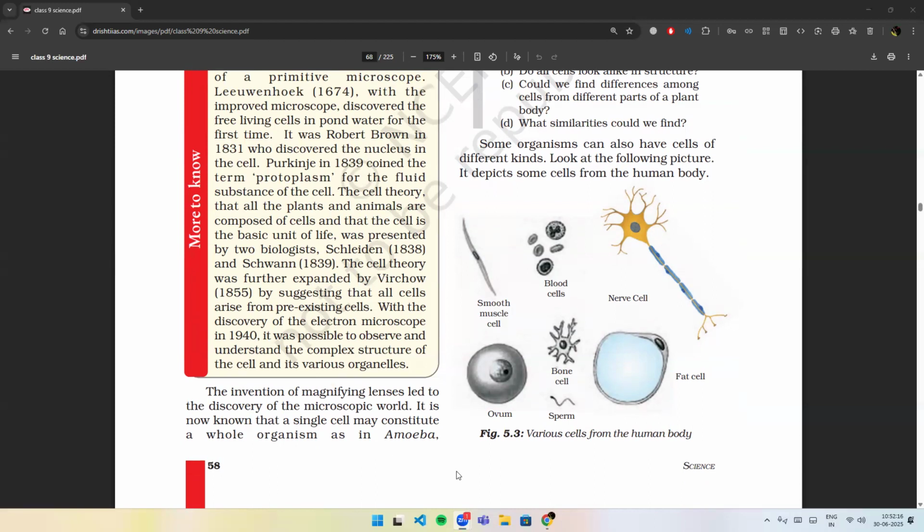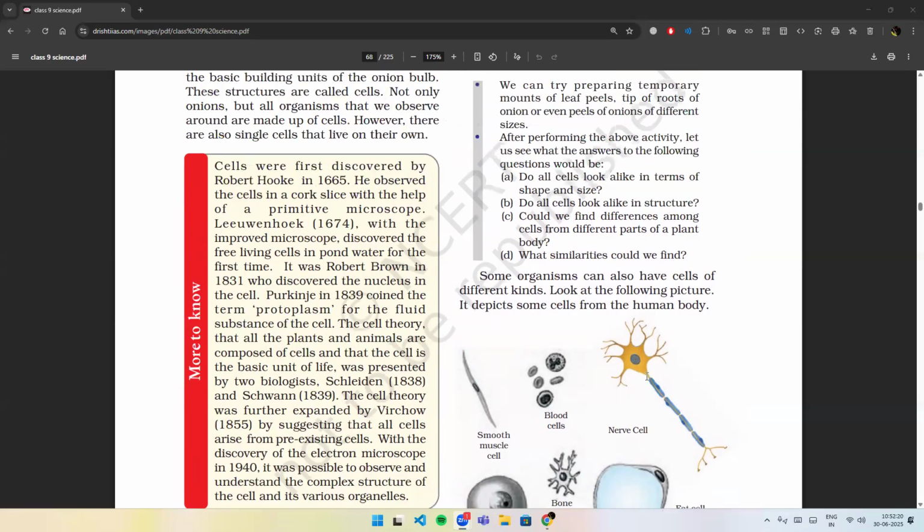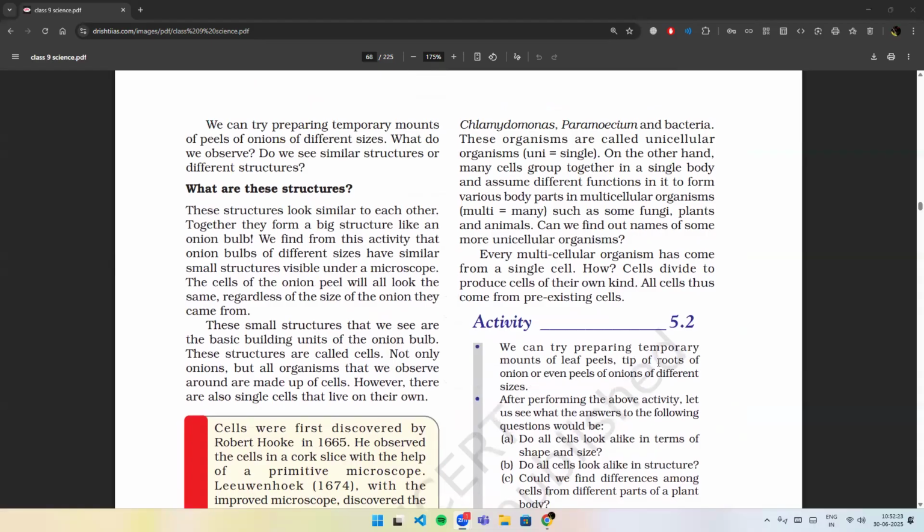It is now known that a single cell may constitute a whole organism, as in amoeba, chlamydomonas, paramecium, and bacteria. These organisms are called unicellular organisms. On the other hand, many cells group together in a single body and assume different functions in it to form various body parts in multicellular organisms, such as some fungi, plants, and animals.